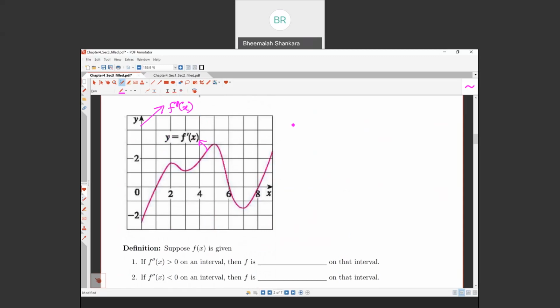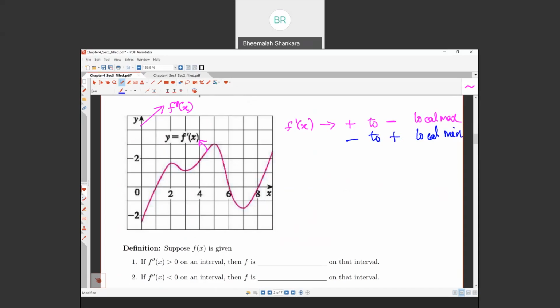So you want to carefully note the f prime graph at points where f prime changes from positive to negative, you call that particular point a local max. And when f prime changes from negative to positive, that particular point is called a local min.